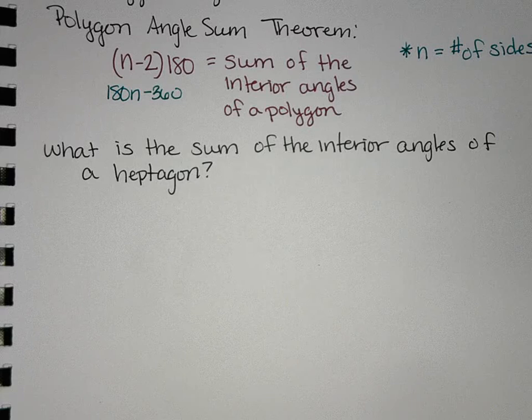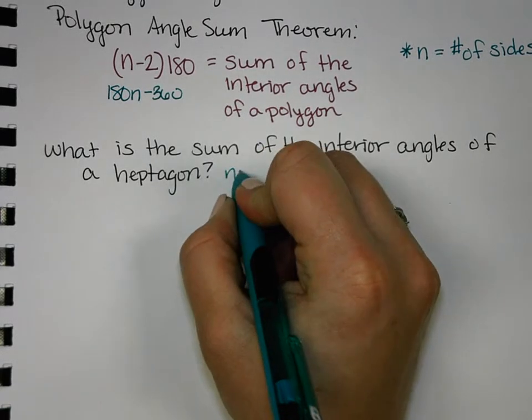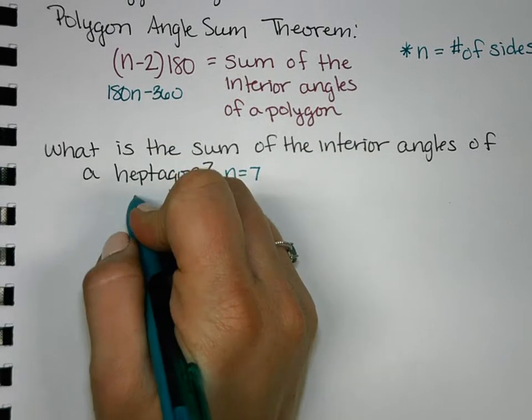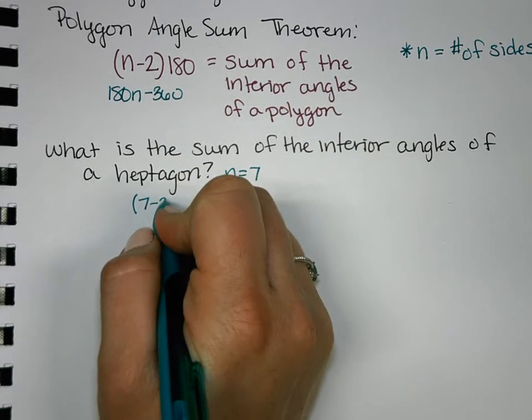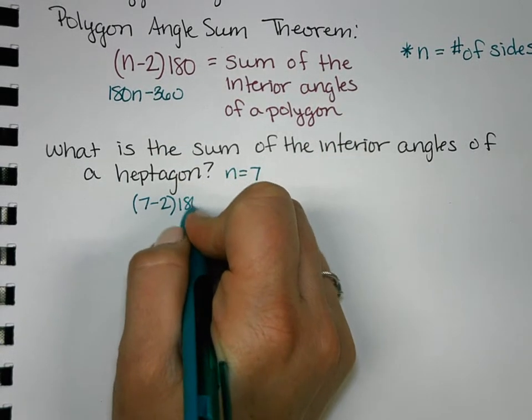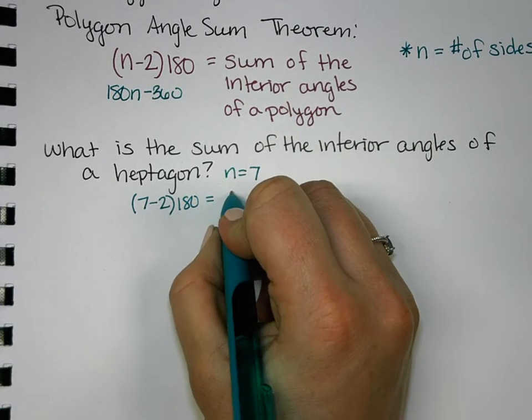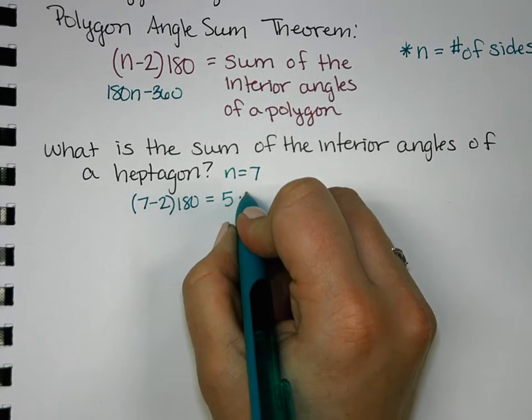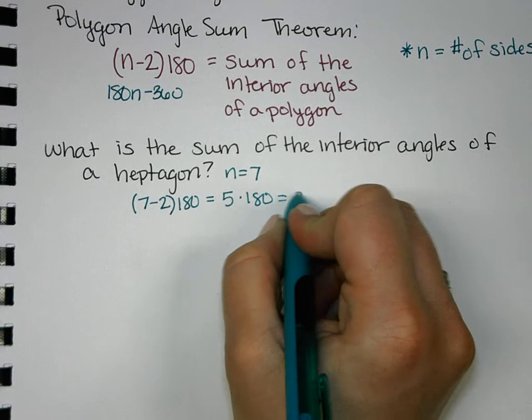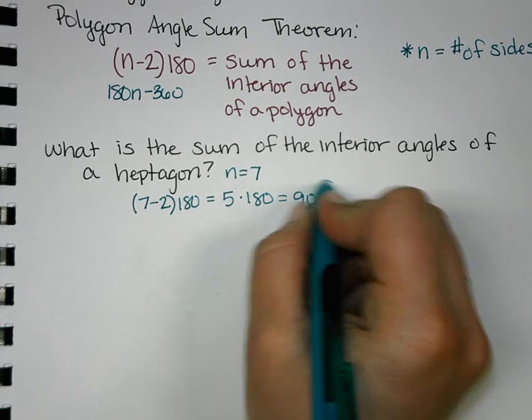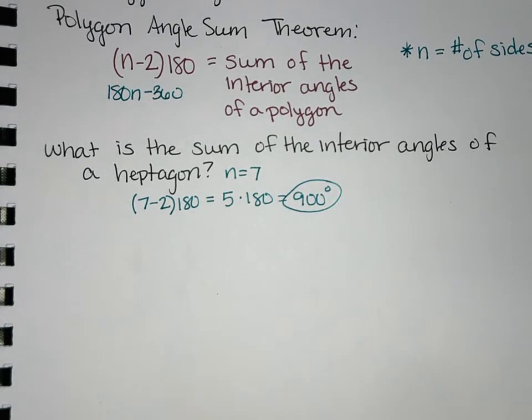So start off with how many sides are in a heptagon? 7. So n is going to equal 7. So 7 minus 2 times 180. So that would give us 5 times 180. So 900 degrees would be our sum.